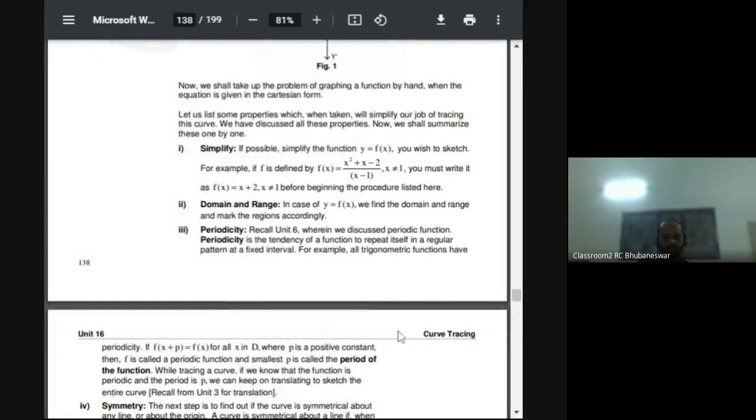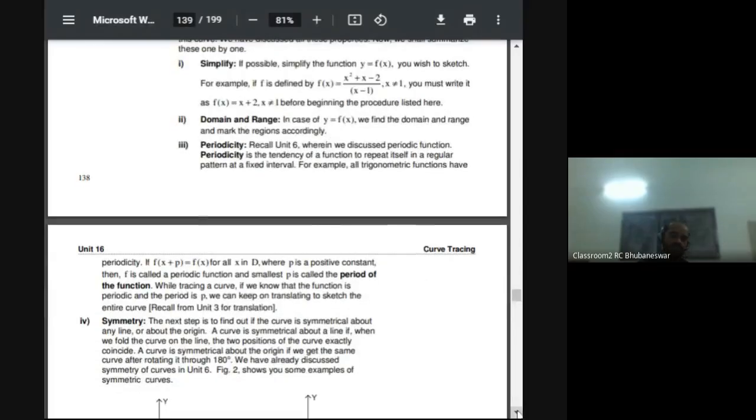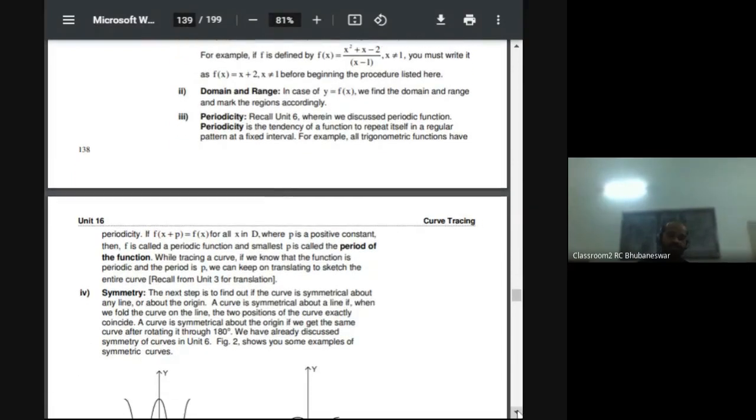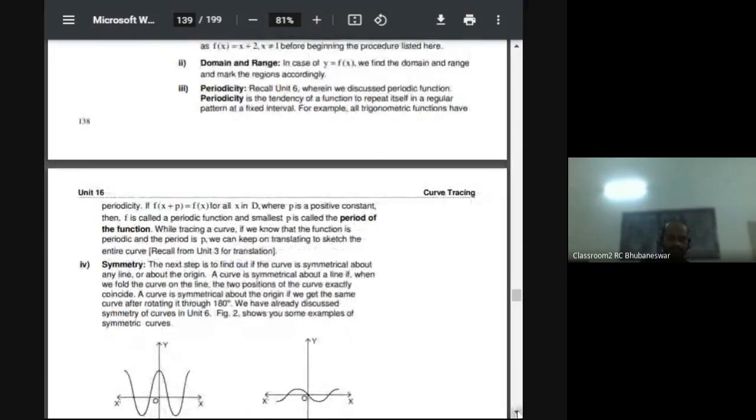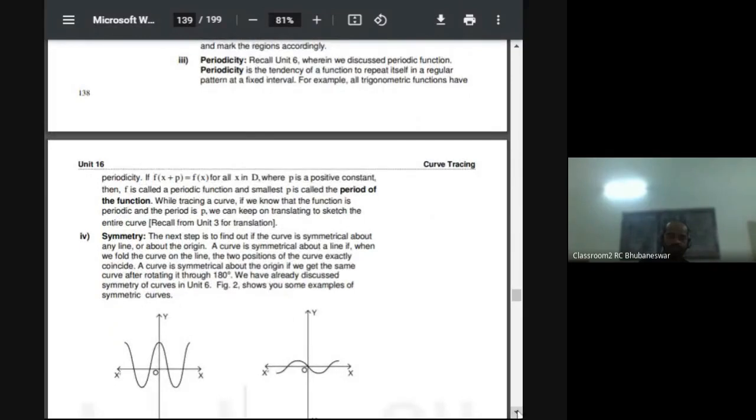And then we have to find out the periodicity. That means if the function is a periodic function, then what will be the period of the function? If we know the period of the function, then according to that we have to mark the xy.